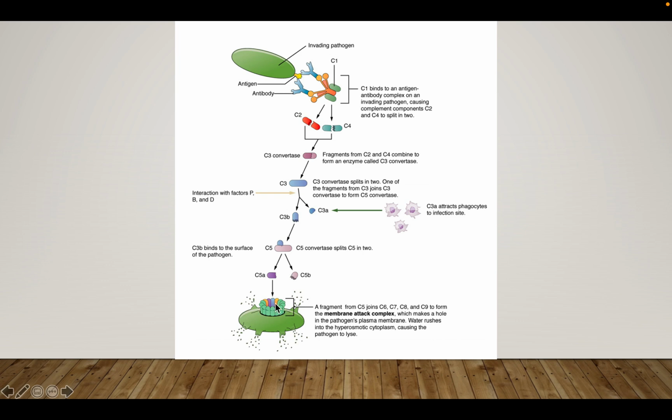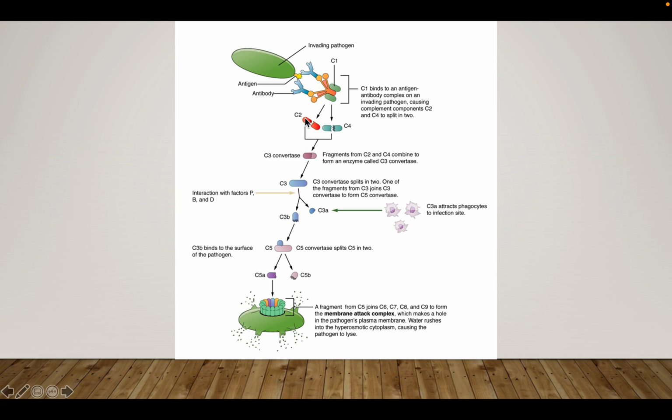What you can see is it punches a large hole in this bacteria, this pathogen. When it does that, it allows water to quickly rush into the cell, the cell begins to swell, and ultimately this results in the lysis of the pathogen. Okay?